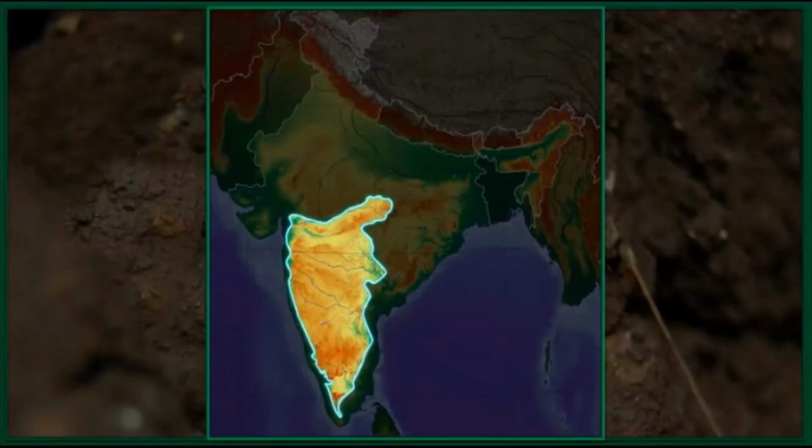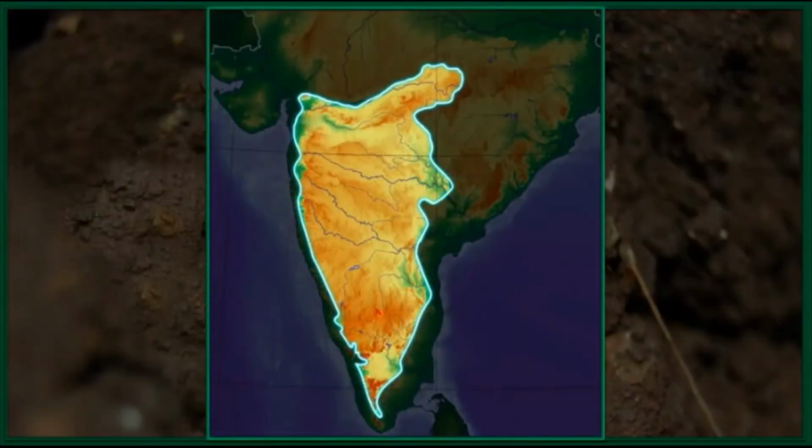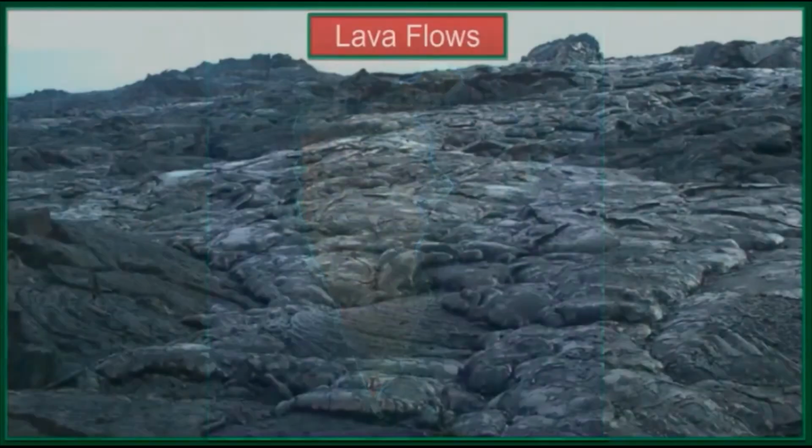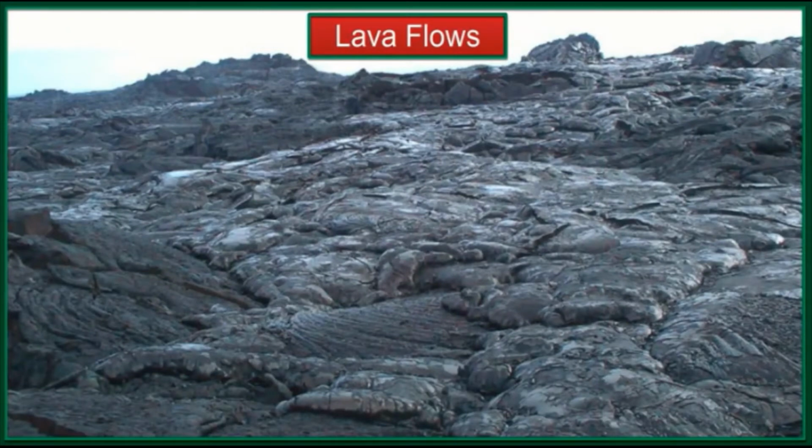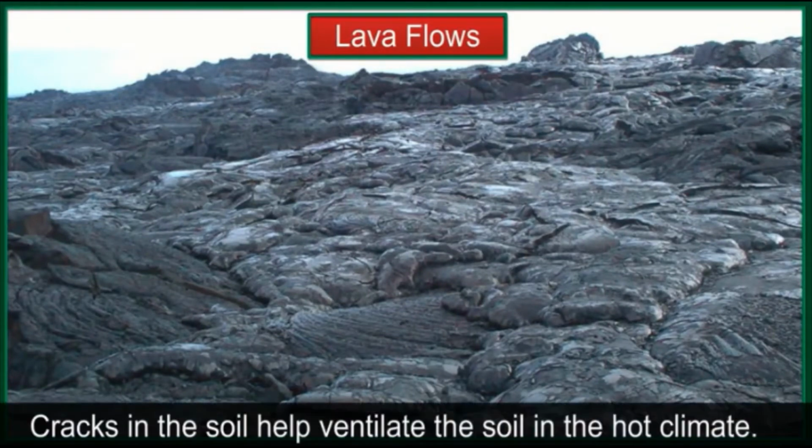For example, the soil in the Deccan Plateau region in India is mostly made up from lava flows and is sticky. Since that region is very hot, the soil tends to develop long cracks. This helps to ventilate the soil.